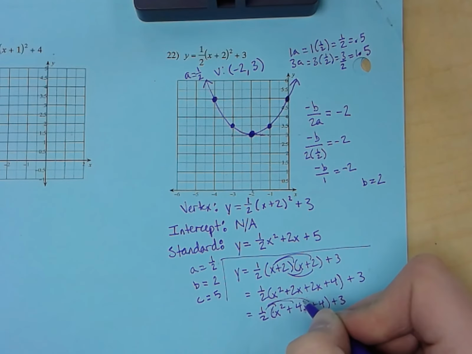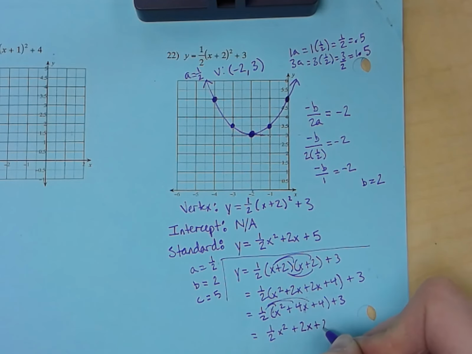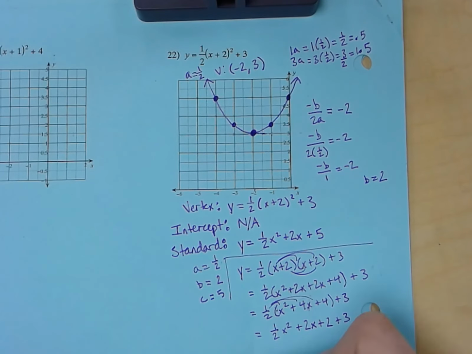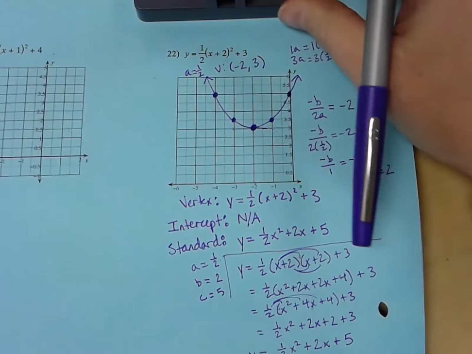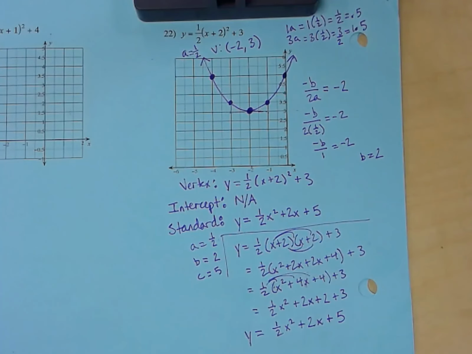Distribute the 1/2. 1/2 x squared plus 2x plus 2 plus 3. And so just like before, we get 1/2 x squared plus 2x plus 5.